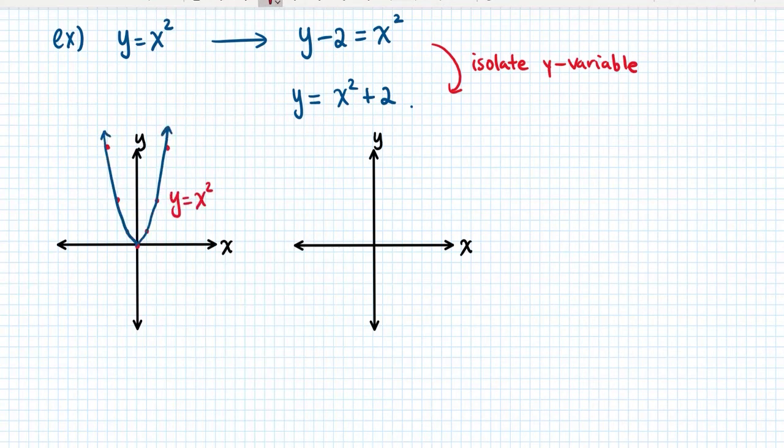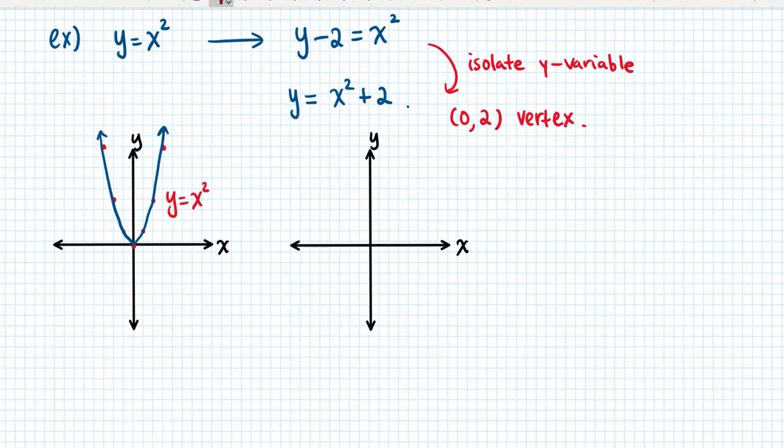The vertex of this is 0 and positive 2. It starts from right over here, 0 and 2, and the shape stays the same. And that is for y is equal to x squared plus 2.